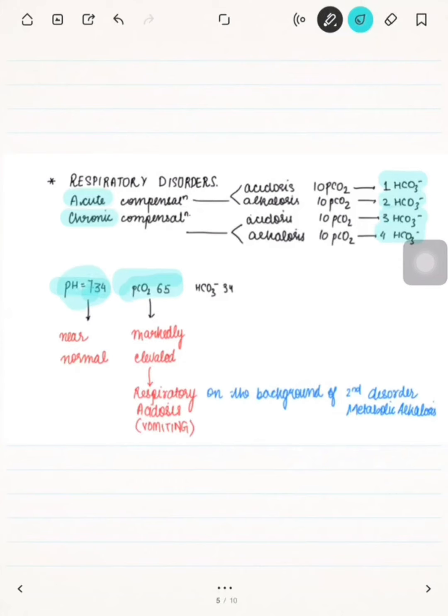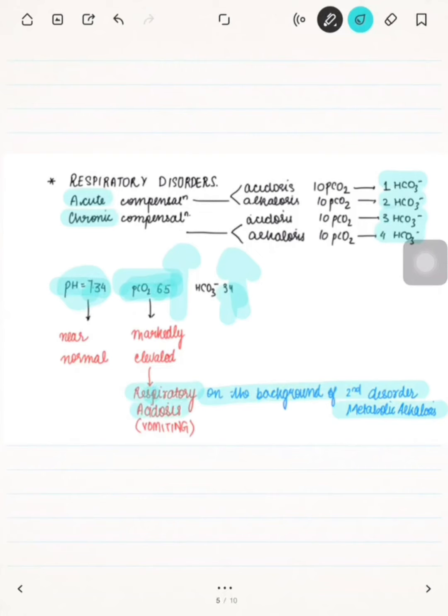Then, in order to balance this, bicarbonate has also increased. But we observe that CO2 is 40 as the normal, so it has increased by 25. So the bicarbonate should have increased by 6.5. This has increased beyond that, so this is respiratory acidosis on the background of a second disorder, metabolic alkalosis, because this is not within the compensation formula.